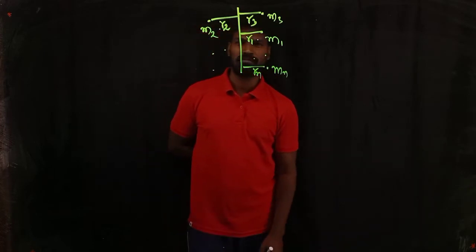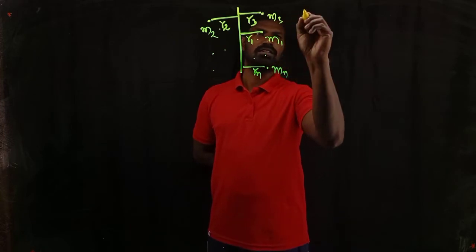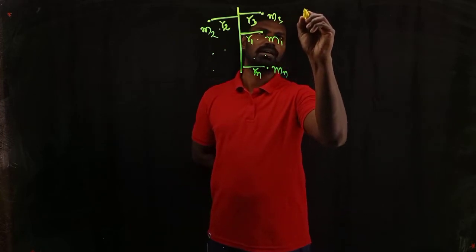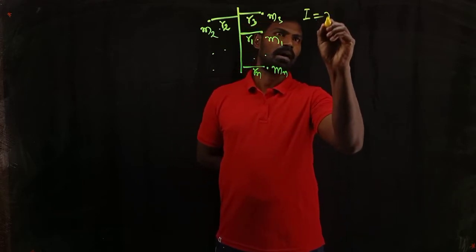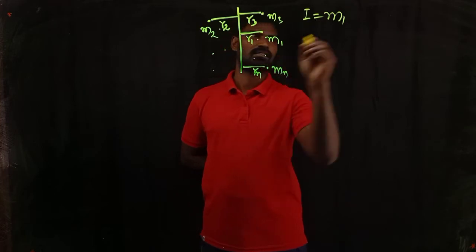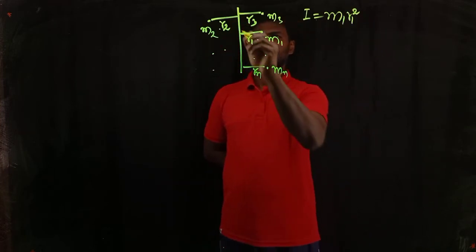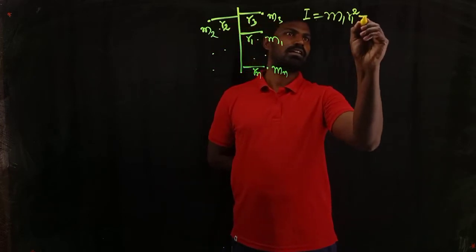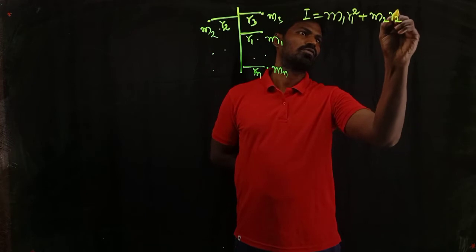Then from the definition of moment of inertia, I can write: the moment of inertia of a particle is given by I equal to mass m1 into the square of its distance from the axis of rotation, that is r1 square. Similarly for m2, m2 into r2 square.